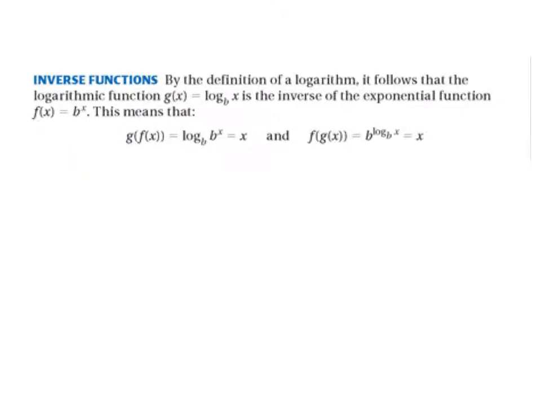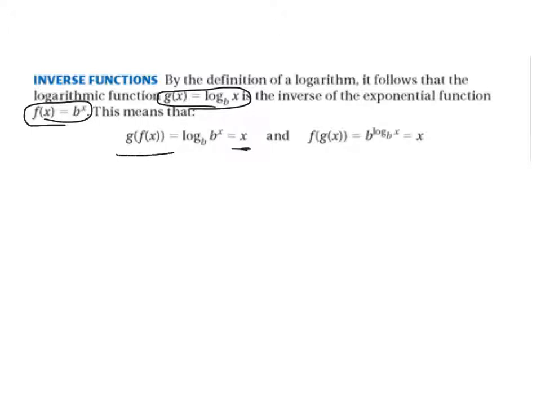Okay, inverse functions. This is when you guys would have groaned. No, Miss Carly. If we look here, by definition of a logarithm, it follows that the logarithmic function g of x equals log base b of x is the inverse of the exponential function f of x equals b to the x. This means that if we test the inverse functions, and we learned this last chapter, not everybody fully understood it, we should get x.